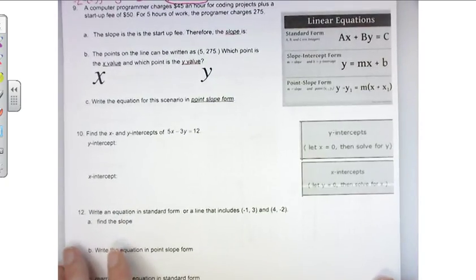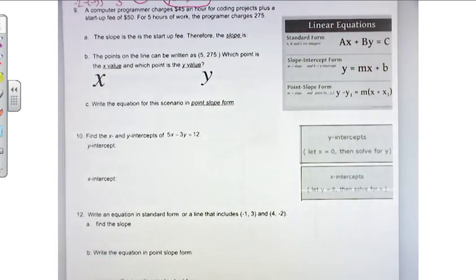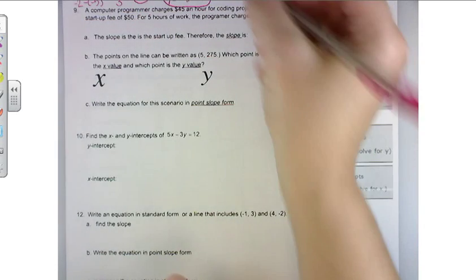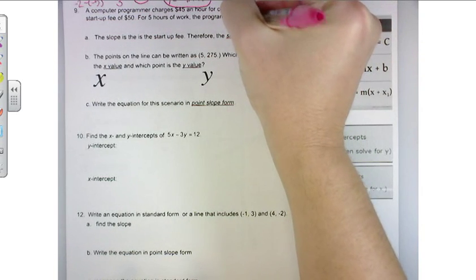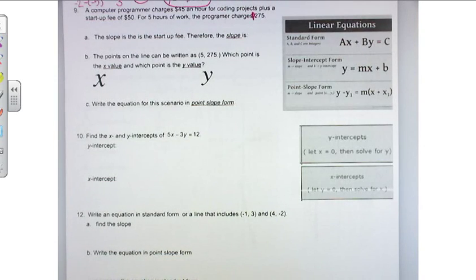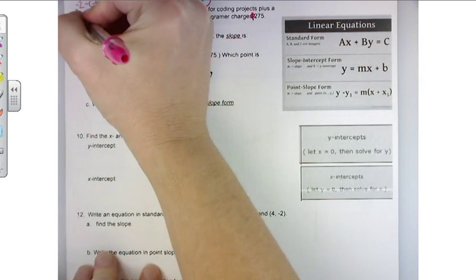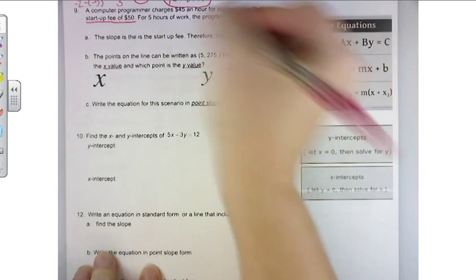Let's go down a little. A computer programmer charges $45 an hour for a coding project, plus a startup fee of $50. For 5 hours of work, the programmer charges $275. So the slope is the startup fee. Therefore, the slope is, if we read the problem, the slope is 50.